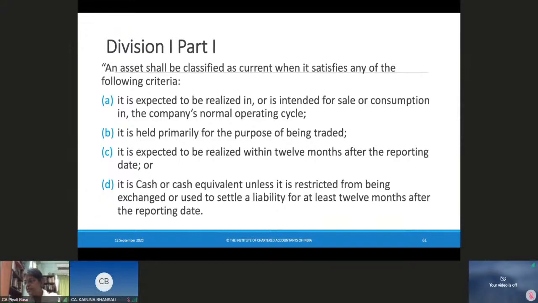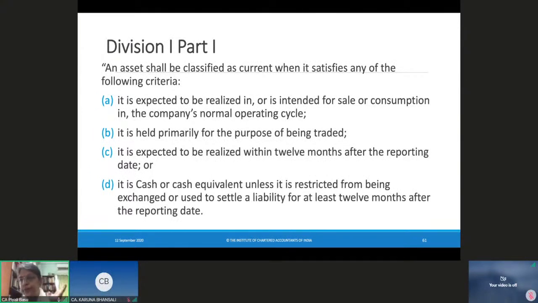Is there any example for those companies? Yes, many companies can be there. This can be done for any manufacturing unit for inventory, that it will be realized, it will be consumed within, generally, if you see, generally we don't do that, because inventory is defined as a current asset because it is a continuous process.